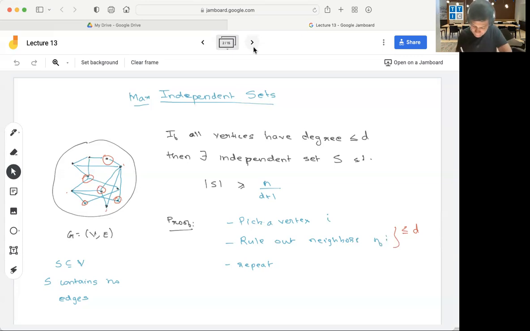goes down. I can maintain two counts. I can maintain the count of the size of S. This goes up by one at each step. And I can maintain a count of vertices which I have not looked at so far.